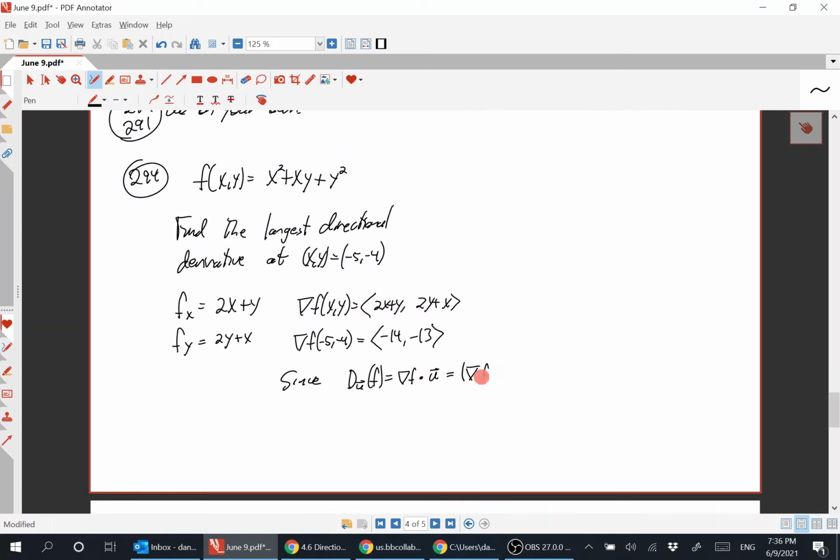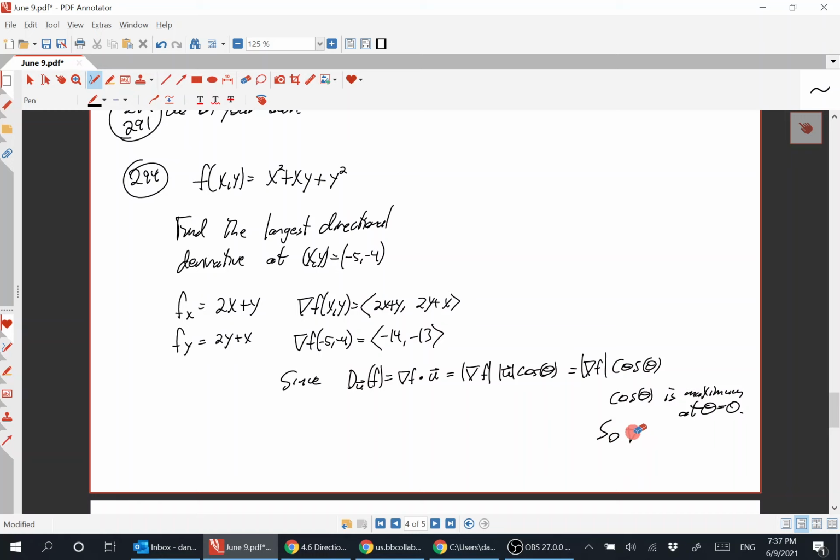It's the length of the gradient times the length of u times the cosine of theta. But the length of u is 1. So it's the length of the gradient of f times cosine theta. But cosine theta is a maximum at theta equal to 0.